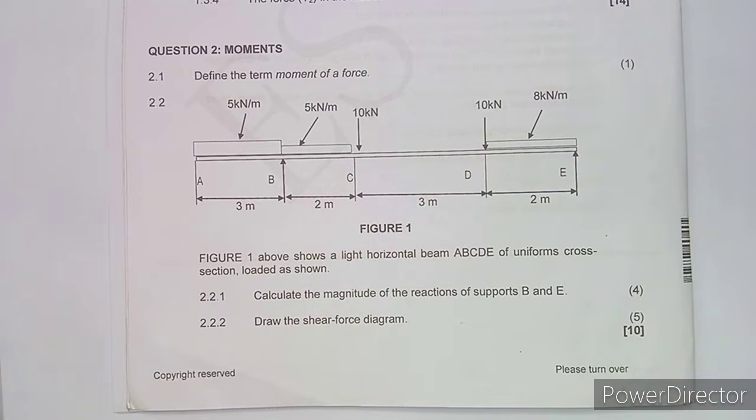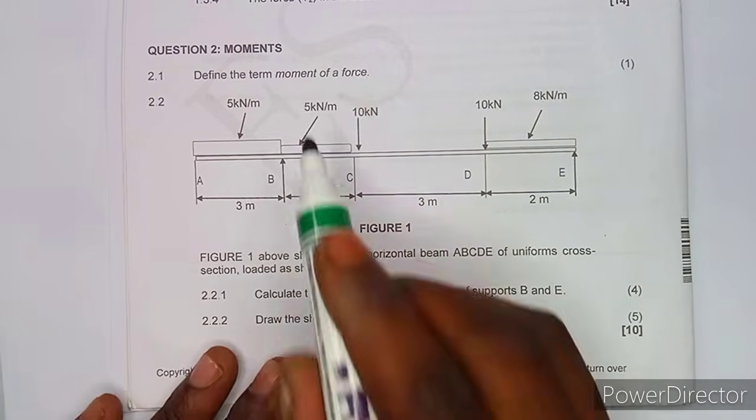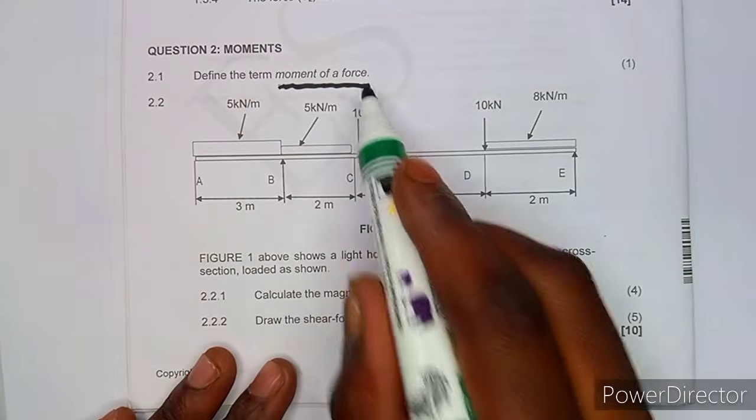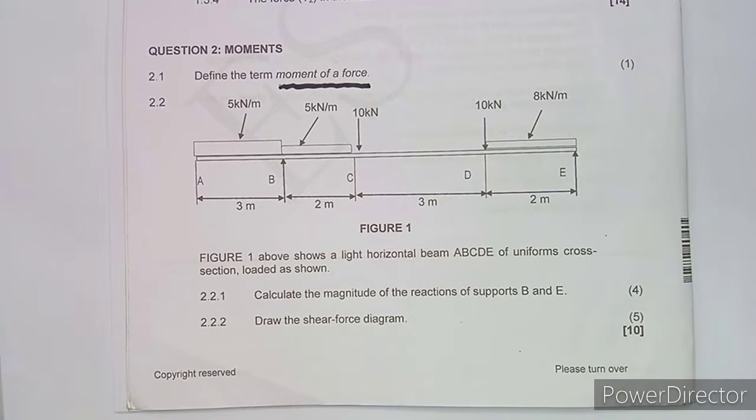Okay, so we are given the first part here on moments, which is to define the term moment of a force. If you are following our classes, you'll see that we talked about this definition for quite a long period of time.